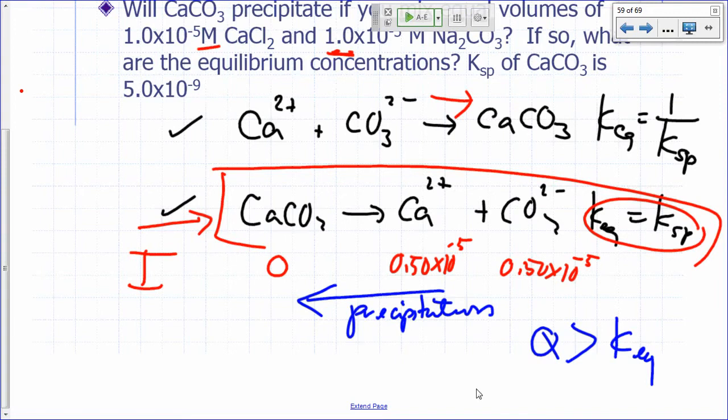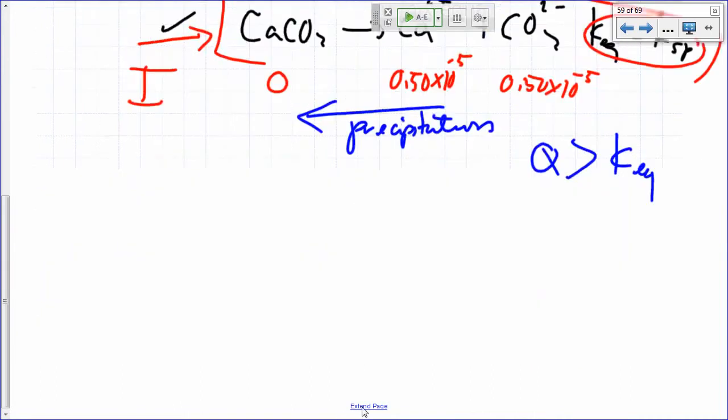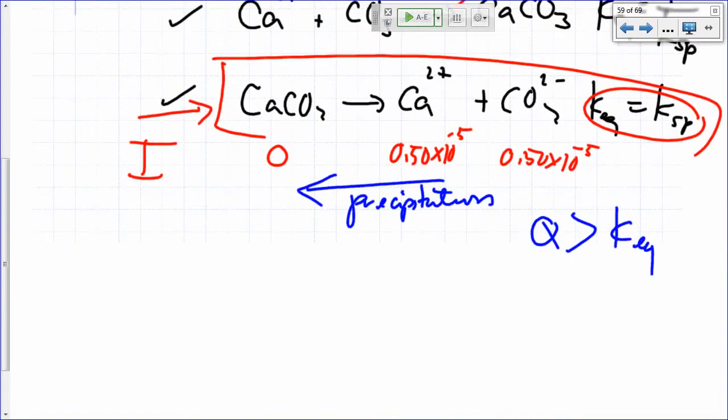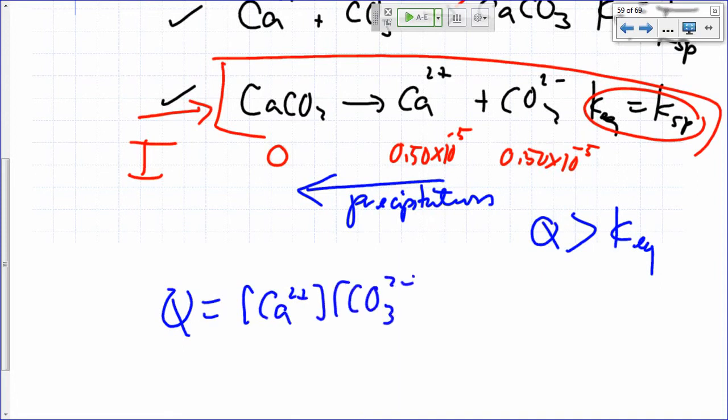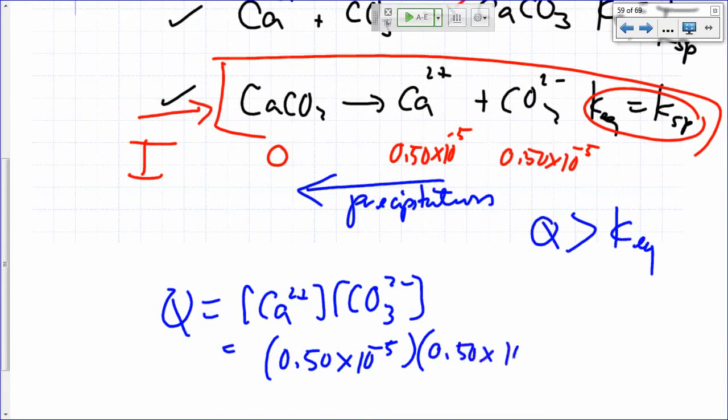So all we have to do is calculate Q in this case. What's our Q? Q is calcium ions times carbonate ions. What's our calcium ion concentration? 0.50 times 10 to the negative 5th. And your carbonate is 0.50 times 10 to the negative 5th.